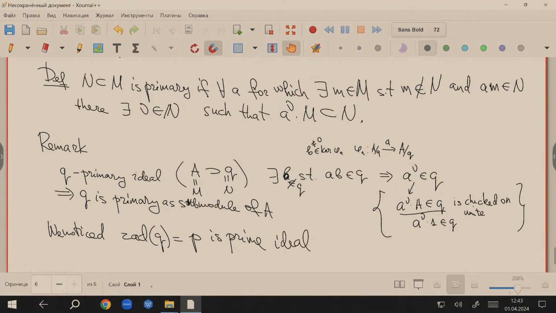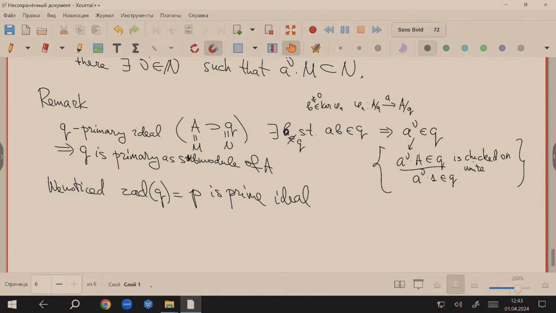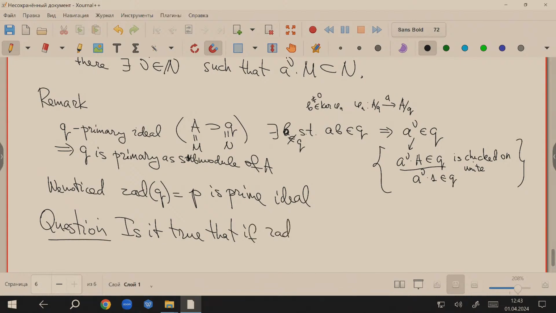So the question is: is it true that if the radical of Q is prime, then the ideal is primary?